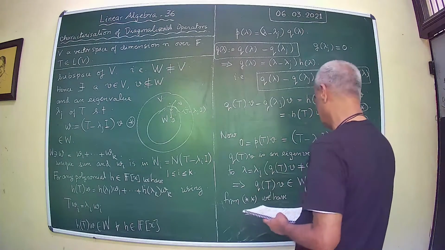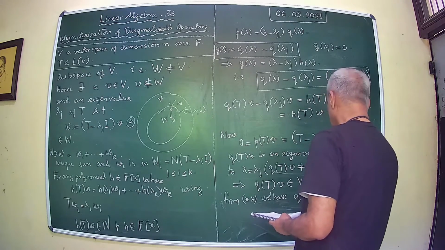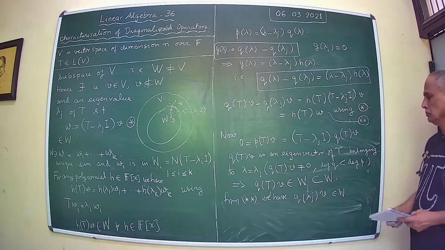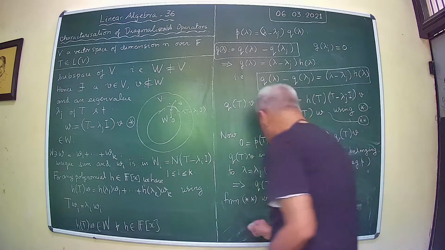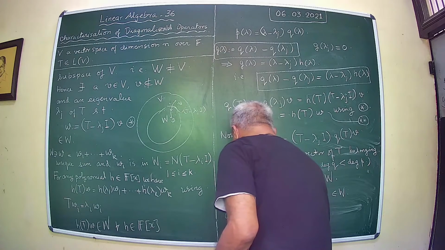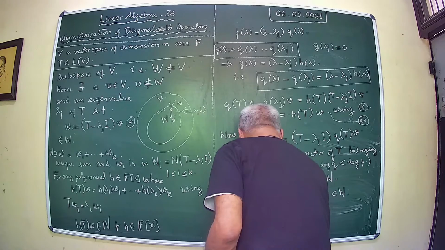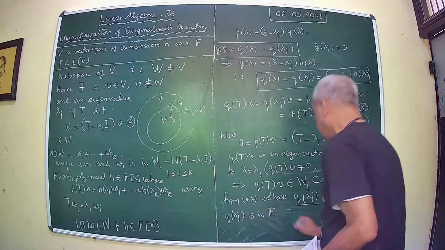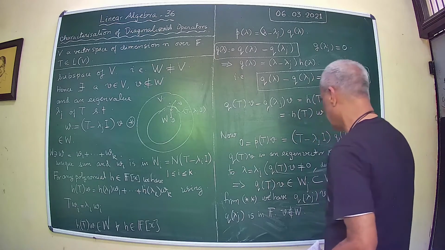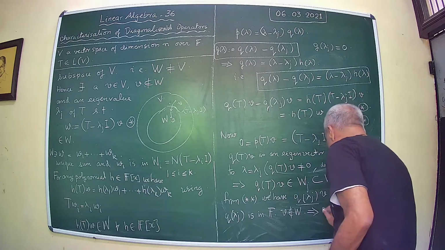So Q lambda j is a scalar, but v does not belong to W. And that forces Q lambda j to be zero.